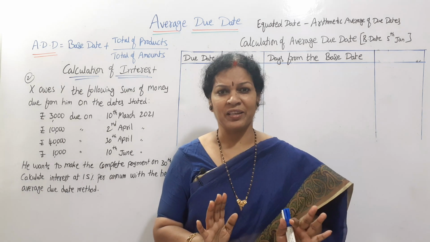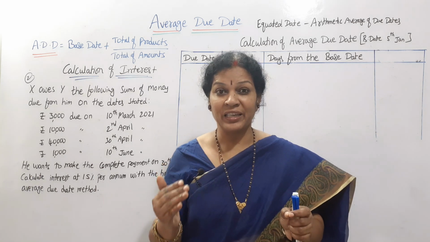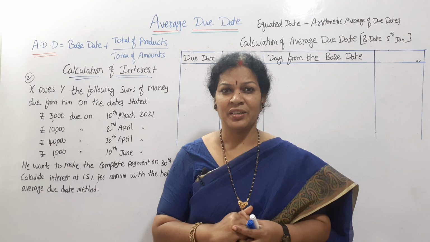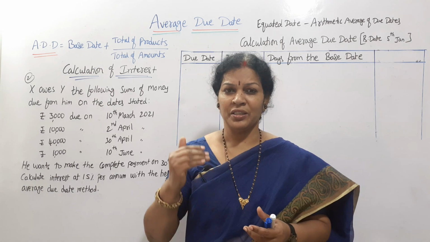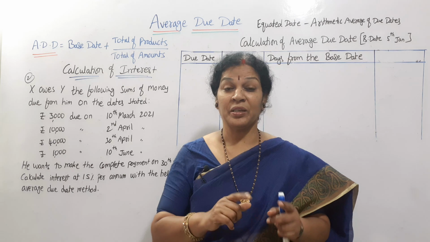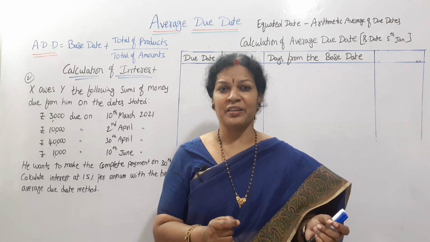We will calculate the average due date, and with that average due date we are going to calculate the interest. Why are we calculating the interest? Because the total amount the payer is paying at a time attracts interest. That is why we have to calculate the interest.